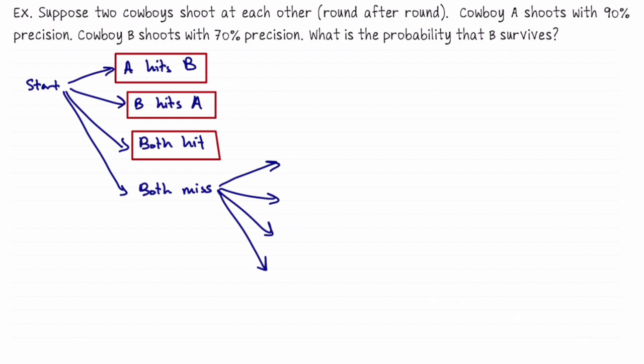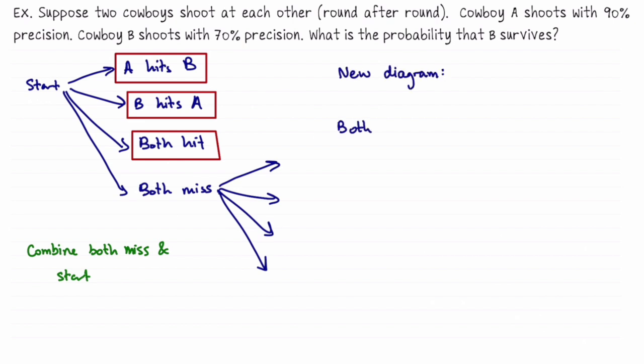But now you realize that these 4 arrows are going to be the same as these 4 arrows. So both miss and start can be combined. So it's like the start and also both missing, those are really the same status. Both of those are communicating that the duel is about to continue, whereas the other 3 tell you that the duel is stopping.